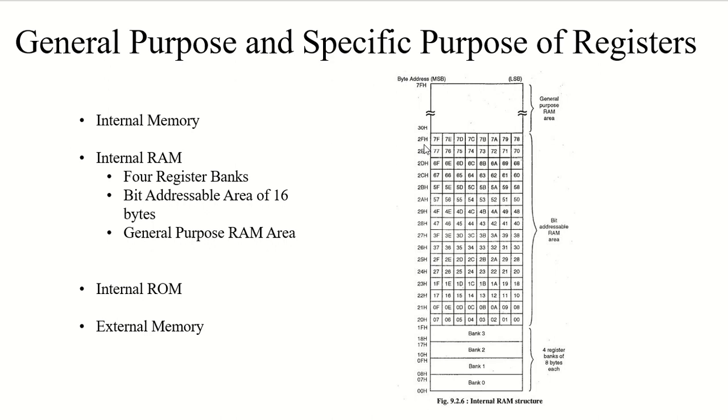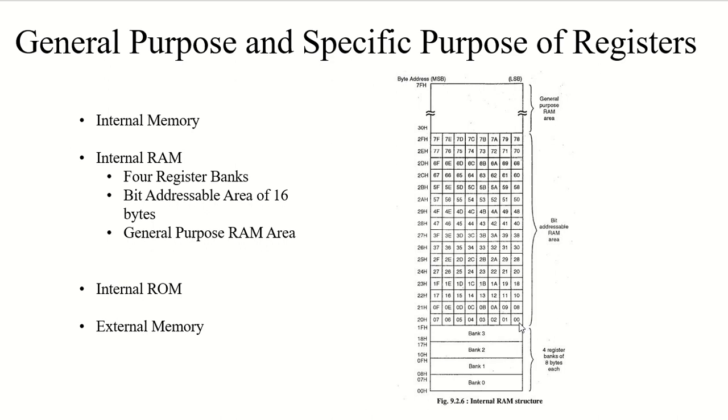So these 16 bytes provide us 128 bits forming the addressable bits, right? As you can see, the microcontroller has given the address to the bits ranging from 00 to 7FH.